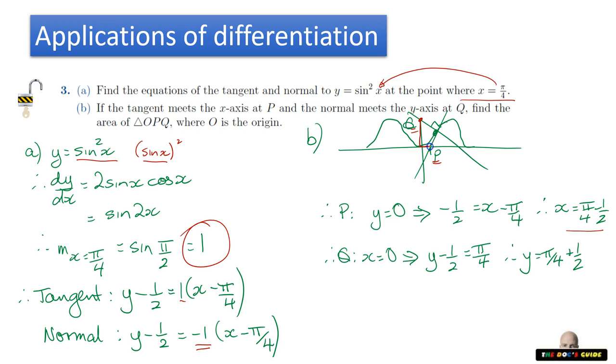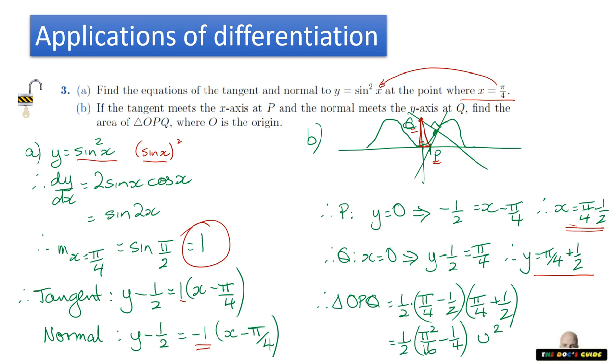So that's that triangle there, which is a right angle triangle coming from the origin. So the distance OQ is just that. The distance OP is just that. So we just want the area to be half the base times the height. This part here is the difference of squares.